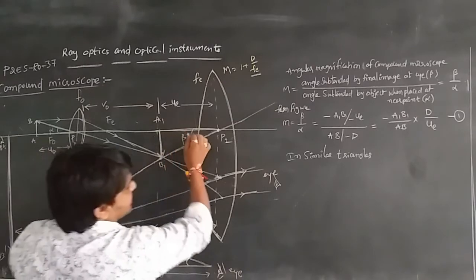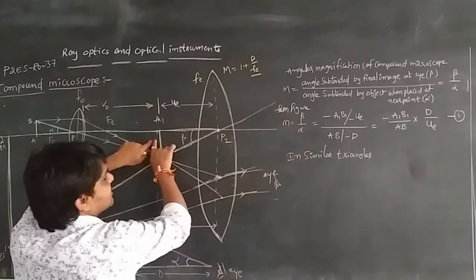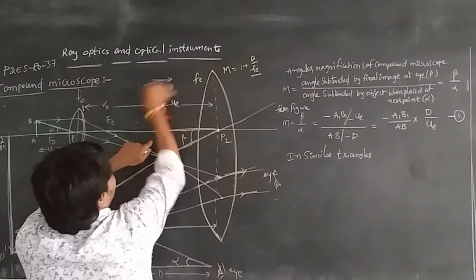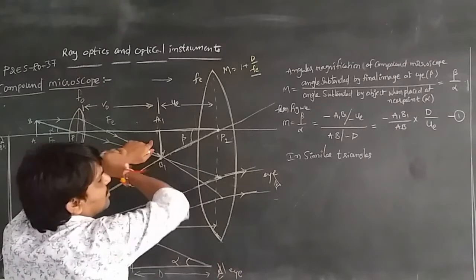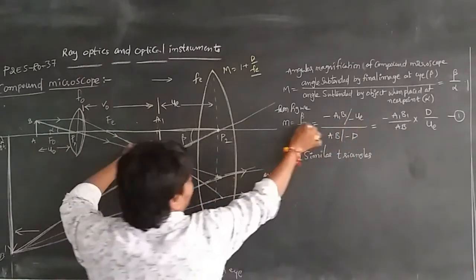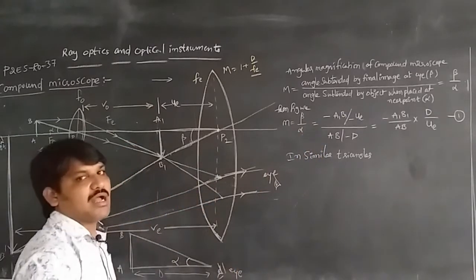So beta is minus A1 B1 by minus UE, divided by alpha, where alpha is the angle subtended by the object.